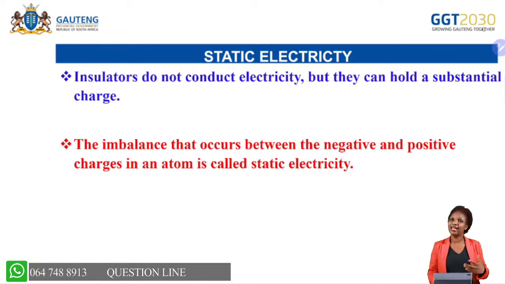And then insulators do not conduct electricity. They don't conduct electricity at all. But they can hold a substantial charge. The imbalance that occurs between the negative and the positive charge in an atom is called what? It is called static electricity.